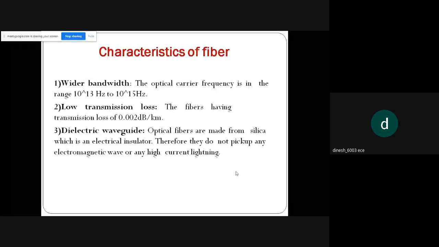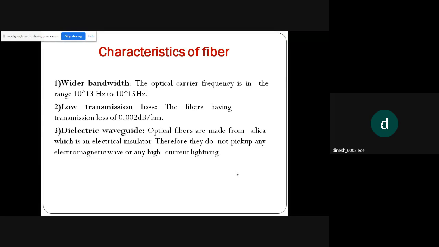Then the dielectric waveguide is to be considered. The optical fibers are made from silica, which is an electrical insulator. Therefore, they do not pick up any electromagnetic wave or any high current lightning.